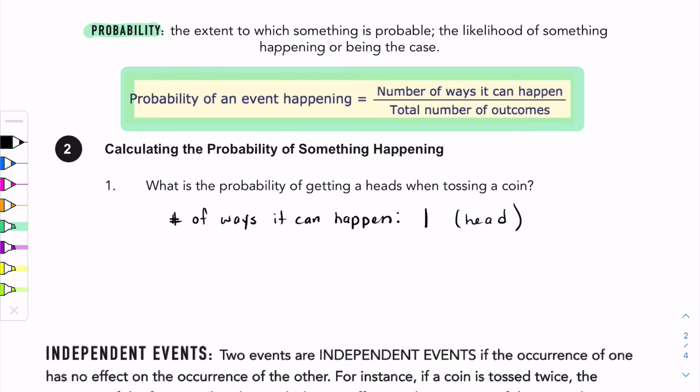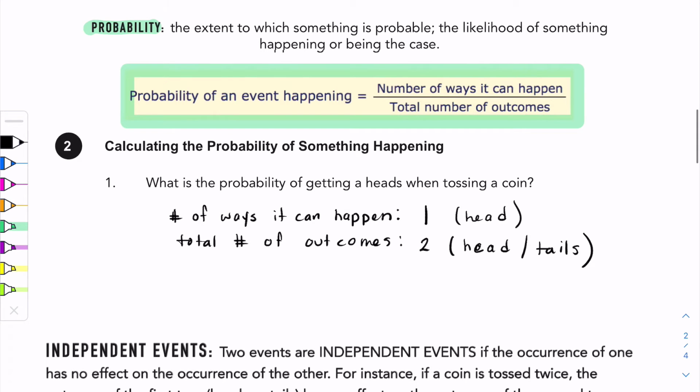The denominator is the total number of outcomes. So in this case, there are 2 outcomes. You could either flip the coin and receive heads as your answer, or you could receive tails as your answer. But there's 2 options.